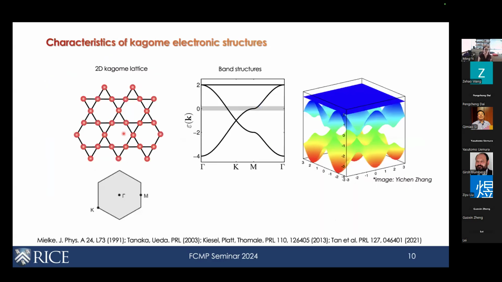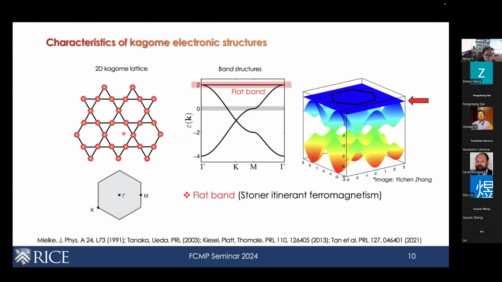Okay, so as a way to introduce a more complete picture, besides the flat band, we also know that intrinsic to any Kagome lattice system, there are a total of three key signatures in the electronic structure that are to be expected. The first one is the flat band, which we've already talked about.